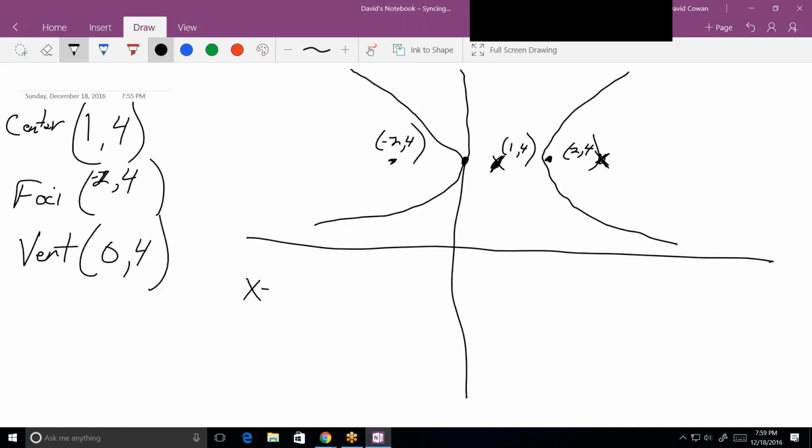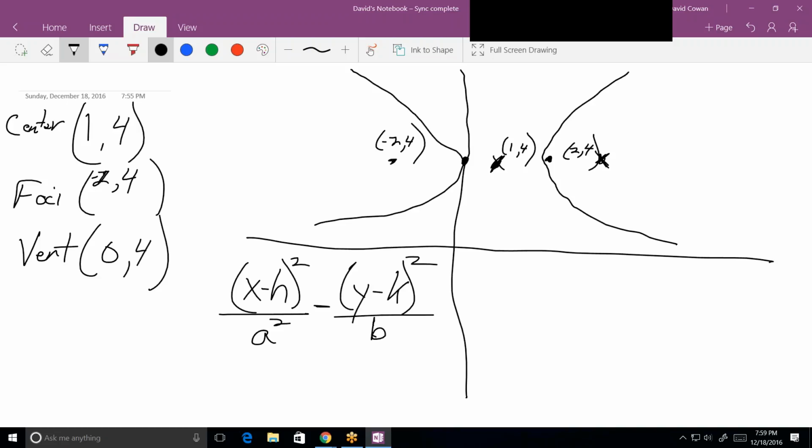X minus h squared over a squared, because it's horizontal. And the a always goes with the variable of the major transverse axis.